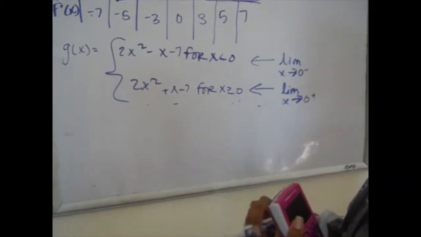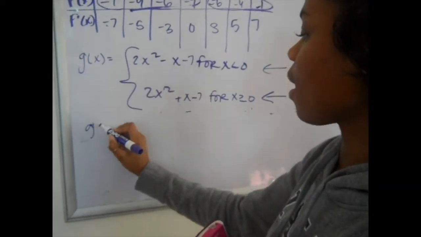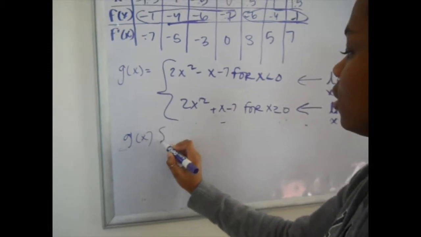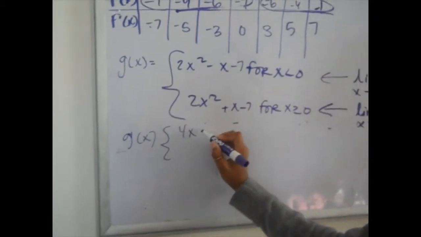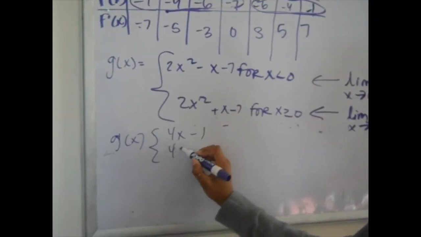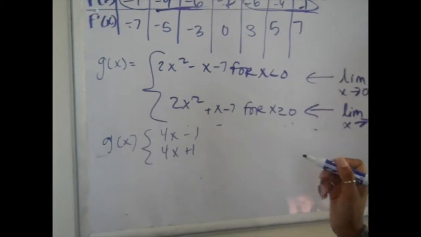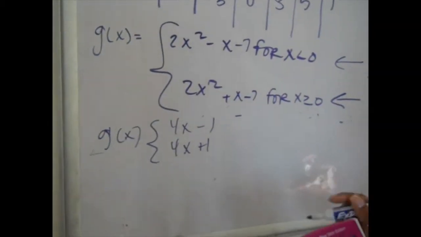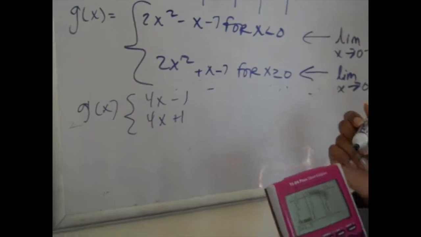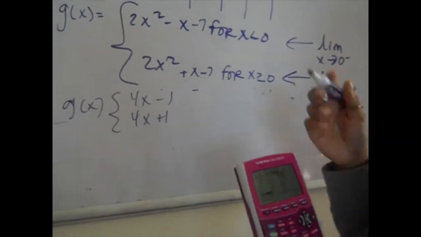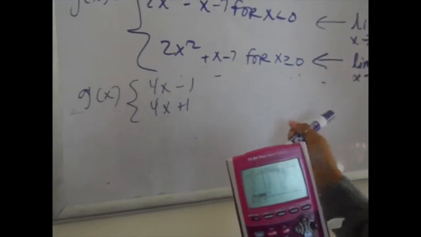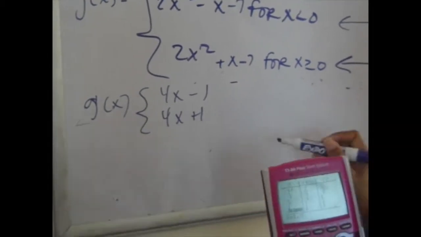Okay, so g prime of x equals 4x minus 1 and then 4x plus 1. I also plugged those values into the calculator, and since you can't see the calculator, I'm just going to recreate the table on here.